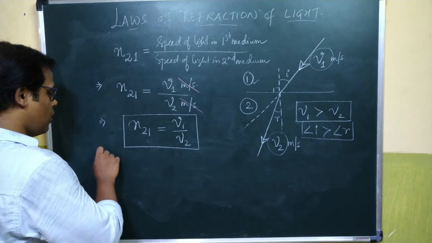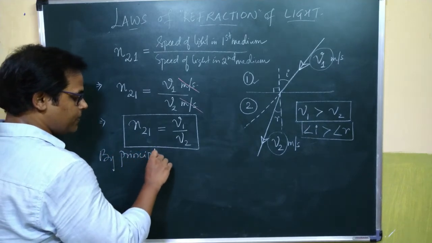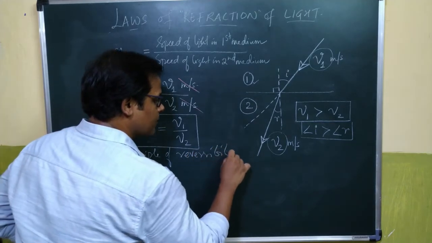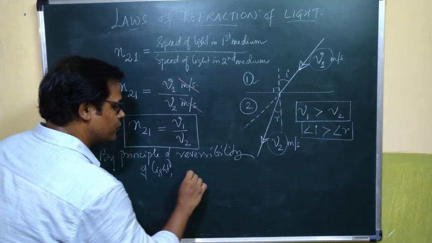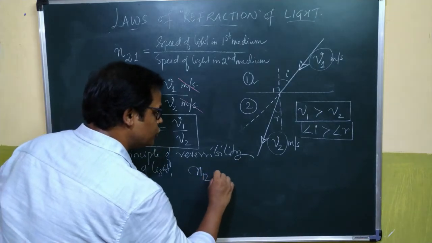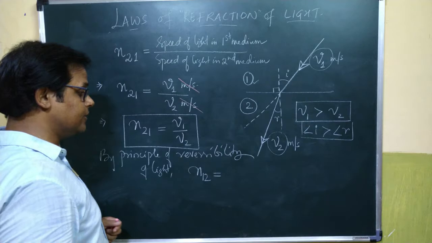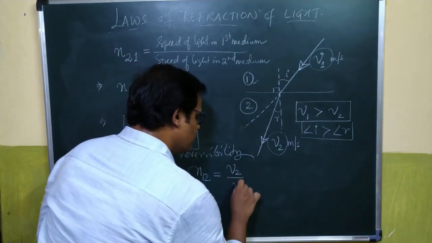So by the principle of reversibility of light, it is not a big surprise anymore that if I have to write n12, the refractive index of the first medium with respect to the second medium, then I should do the opposite, v2 by v1.